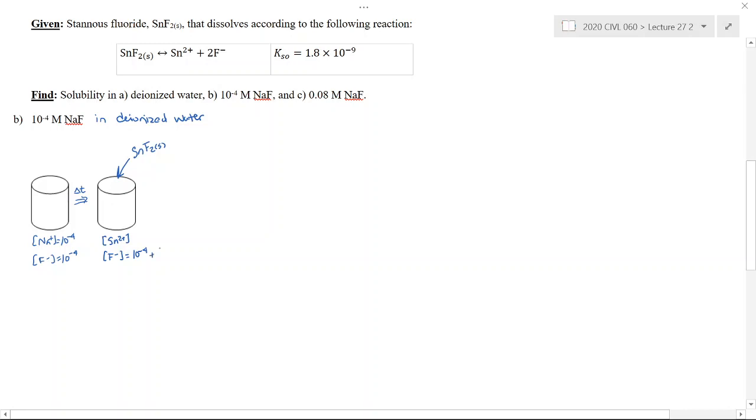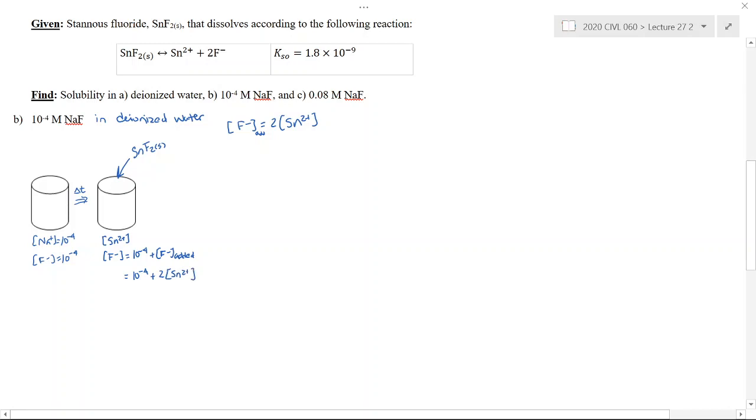I could write that as fluoride added. I like to use subscripts. And we have to remember, because there are 2 fluorides for every stannous, the fluoride added is 2 times the stannous. What this means is that the fluoride is going to be 10 to the minus 4 plus 2 times the stannous.